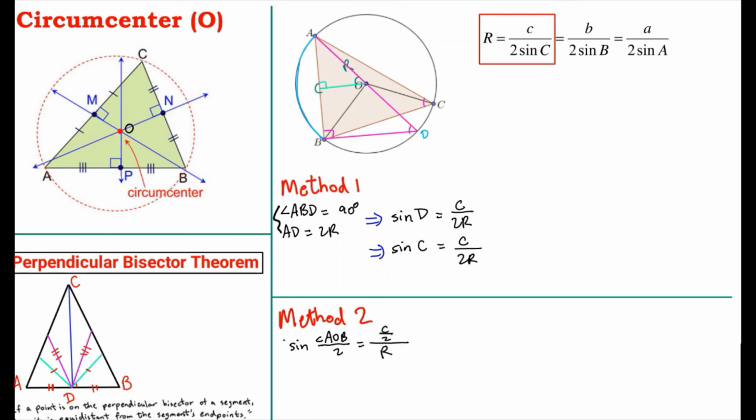Now, something else, not about this triangle, but specifically angle AOB, is equal to 2 times the angle C, since C is an inscribed angle and AOB over here is a central angle, and they share the same arc too.